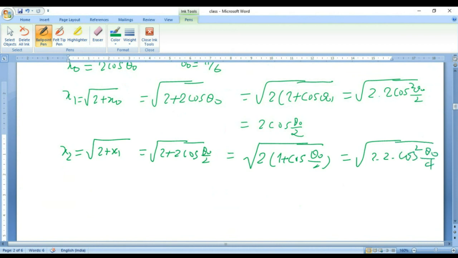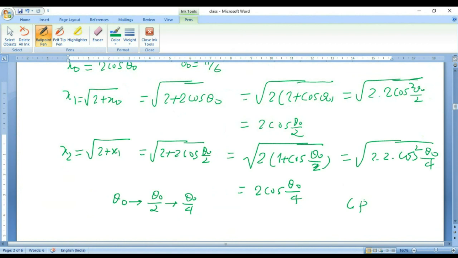This theta naught becomes theta naught over 2. Exactly in the same way, this theta naught by 2 becomes theta naught over 4, and we get 2 times cos of theta naught over 4. So you notice that we started with theta naught, then we got theta naught over 2, then theta naught over 4. It's a familiar pattern, it's GP.